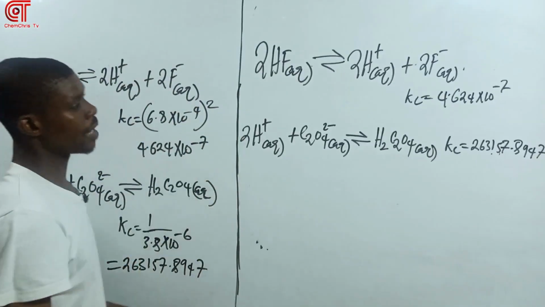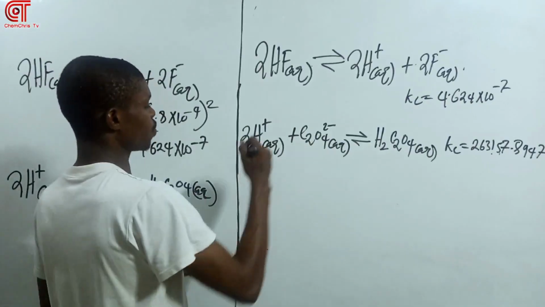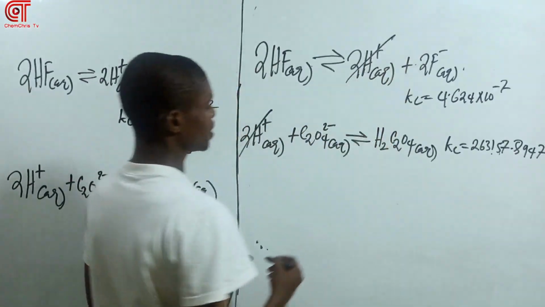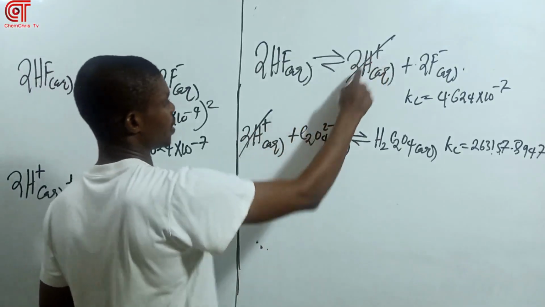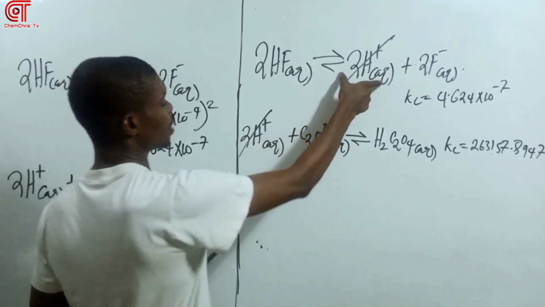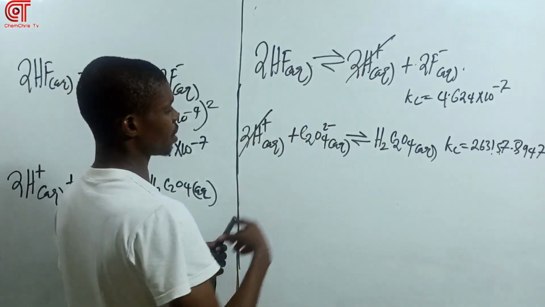What I want to do now is to combine them. So what can we cancel out? We can only cancel out this one and this one here, right? These are the only two things. We can only cancel out the H plus here. Here it is on the product side, here it is on the right-hand side. The same moles, so you cancel them out.